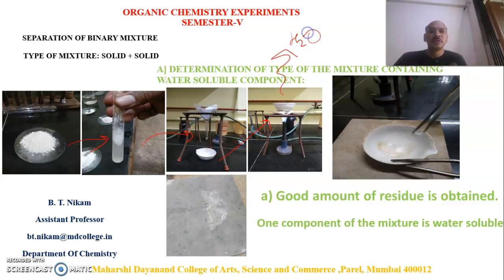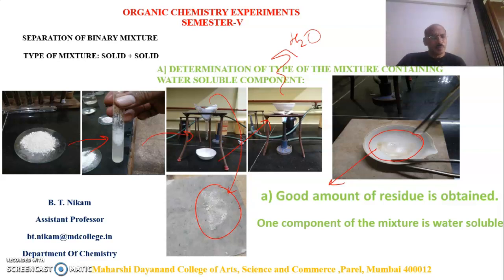Water will go out and we will observe what is there in the evaporating dish. In this case, there is a good amount of residue. So one component of the mixture is soluble in water, and on the filter paper the second component remains as a residue.